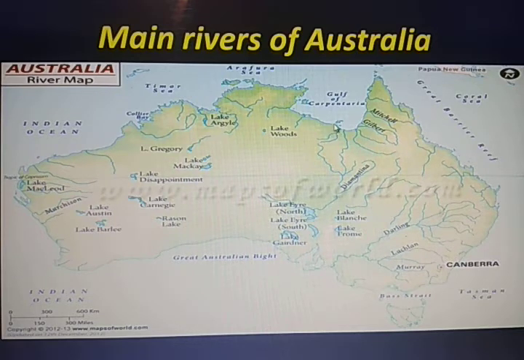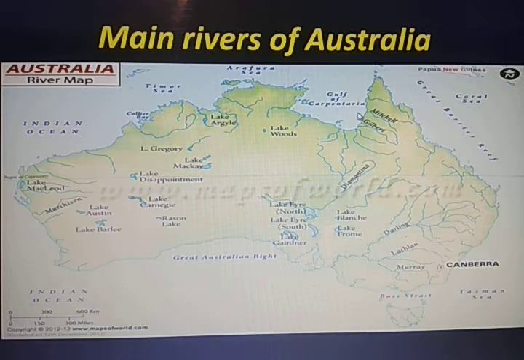It is a low region, less than 150 meters above sea level. This part is just above sea level. The Central Lowland is basically divided into two parts. The northern part of this region is drained by small rivers flowing from the Gulf of Carpentaria, so a few rivers arise from here.